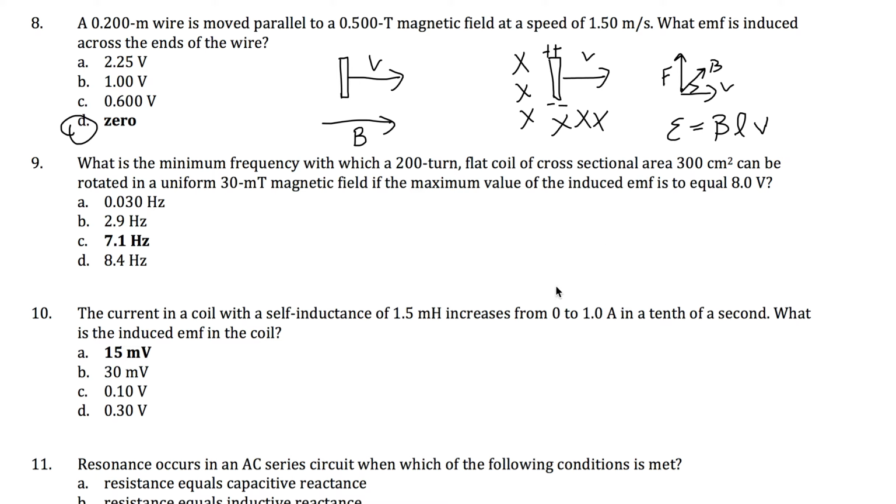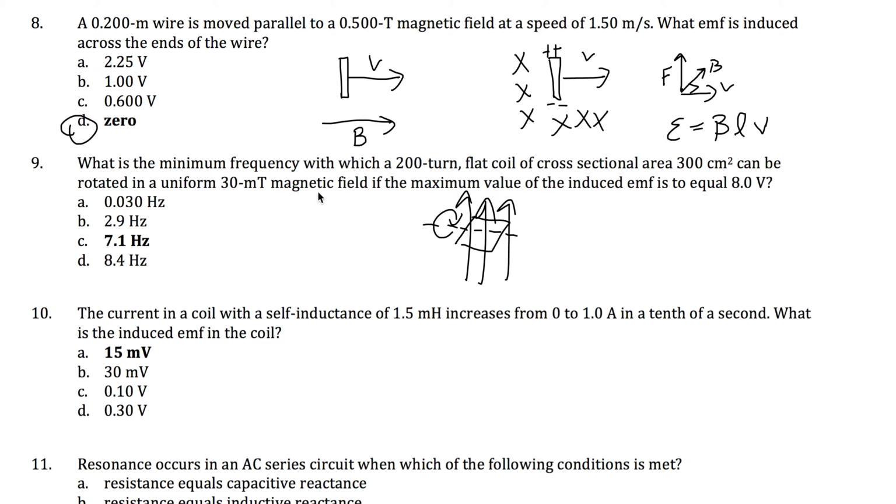Whenever you have a coil that is rotating through some external field, what you should visualize is that this is a generator. You're rotating this loop, the flux through it is changing, and that's going to induce a current in the loop. That's the principle behind a generator.